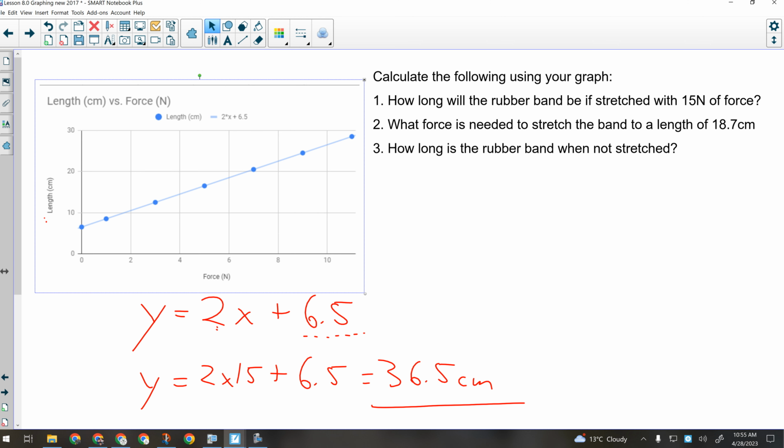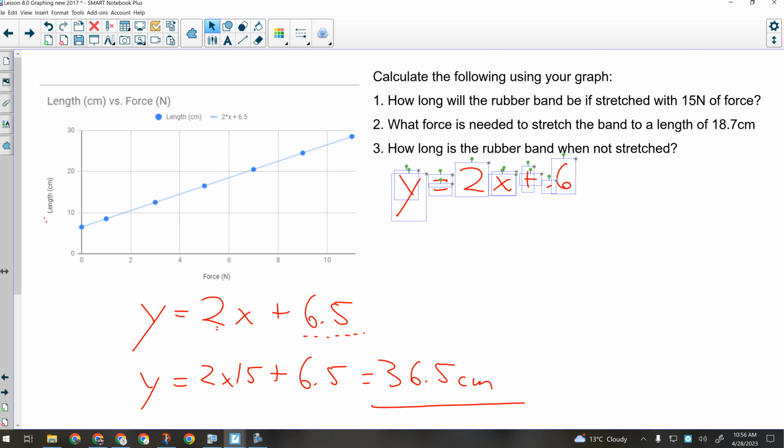So that means I've got to take this formula, y equals 2 times x plus 6.5, and I've got to manipulate it to solve for x. So what should I move first? I'm supposed to move what's not attached first.